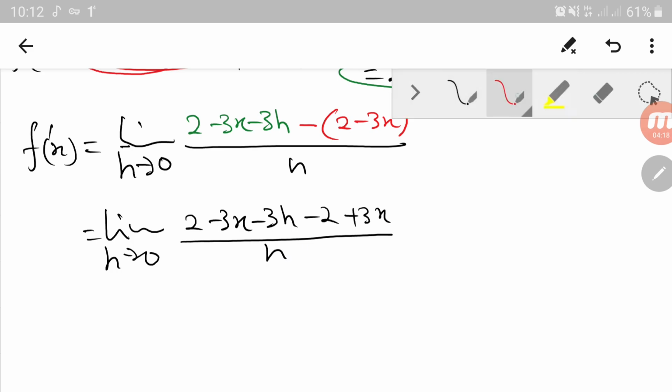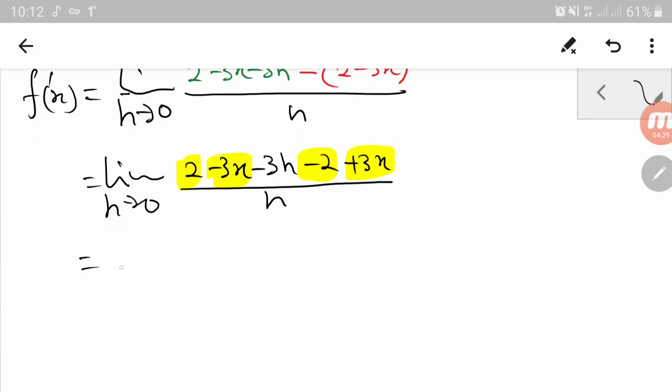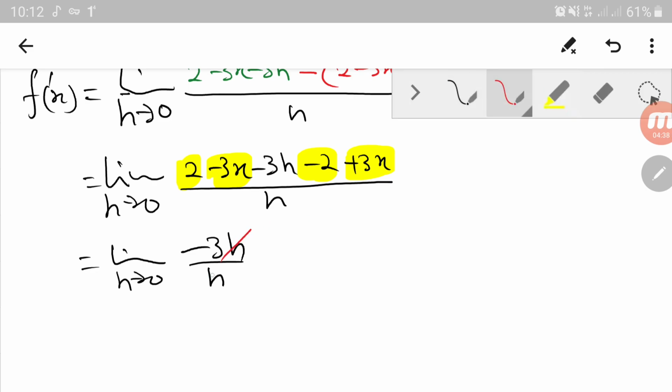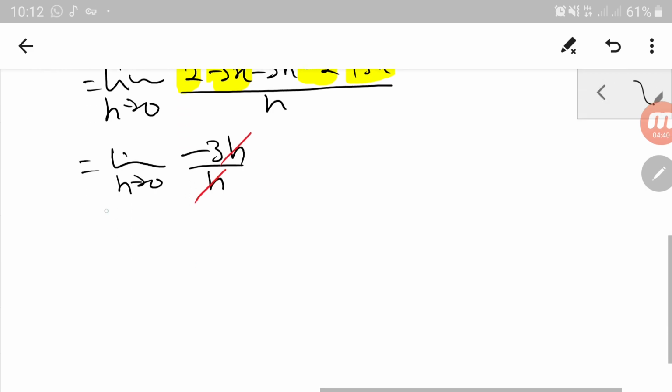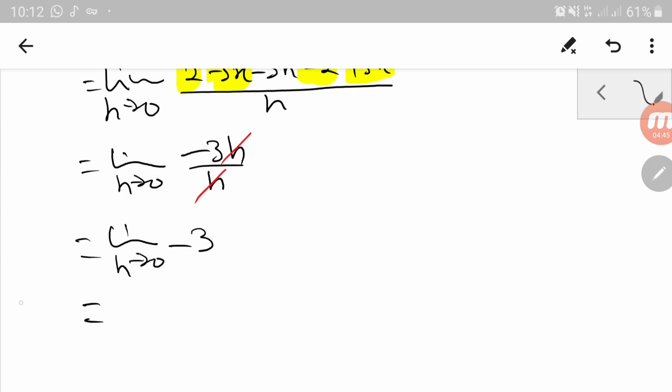For this one, minus 3x plus 3x becomes 0. 2 minus 2 becomes 0. So what's left is minus 3h over h. Now we can cancel the h, leaving us with limit h approaching 0 of minus 3. Therefore, the first derivative is minus 3.